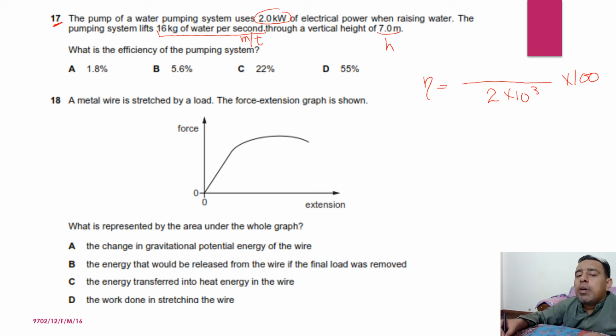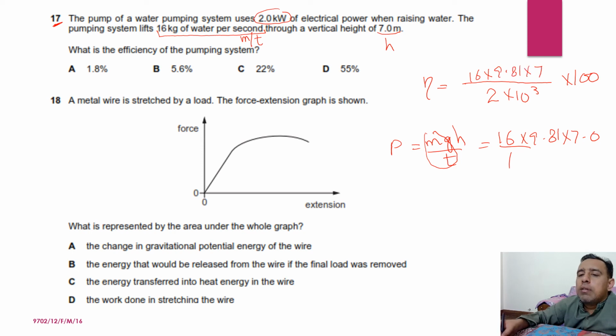And to write the power at the top, the power is mgh over t, energy over time, and this mgh over t is actually 16 divided by 1, so 9.81 into 7 is given. So it's 16 into 9.81 into 7. By solving this, you can come to know that the answer is D, 55 Newton.